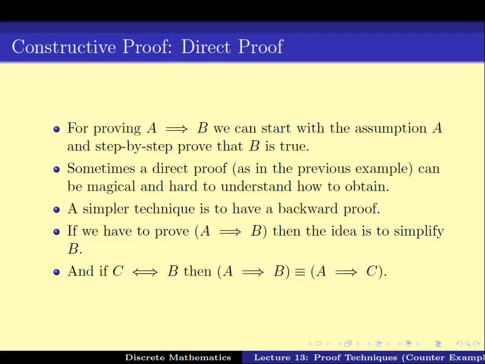Namely, if I can simplify B to C, then A implies B would basically mean A implies C. And since A implies C is a simpler statement, it will be easier to get that proof. So this was the constructive proof, in which case we saw the direct proof technique.